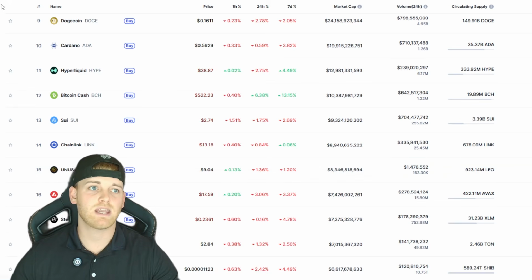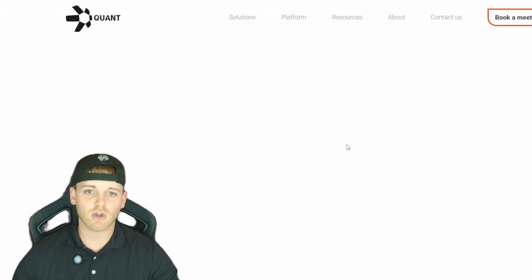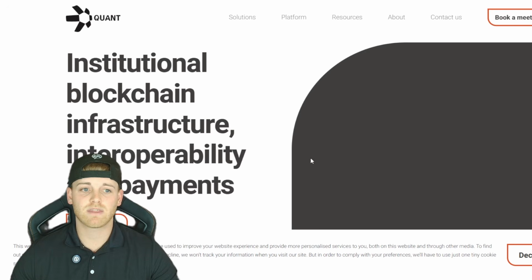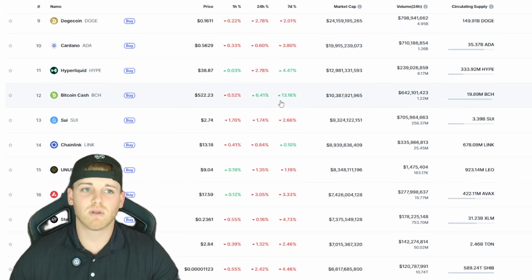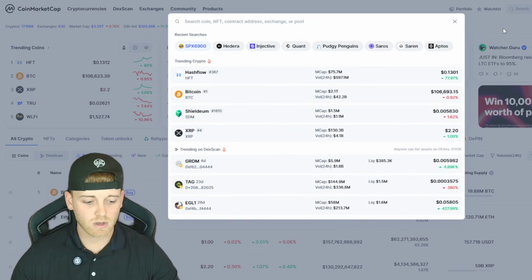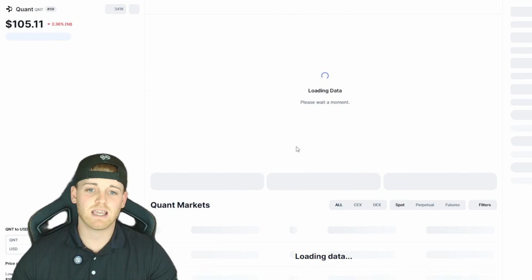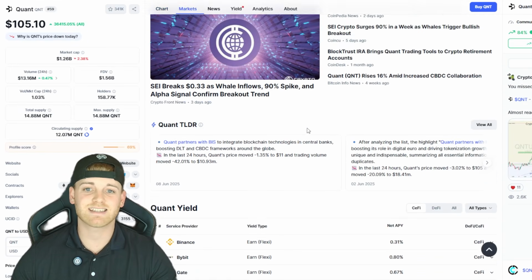Now Quant is posing that their operating system is going to be doing that, and if that is going to happen, think of it as the problem that needs to be solved in crypto. Right now it's basically saying that they could potentially be the forefront of global transactions internationally.